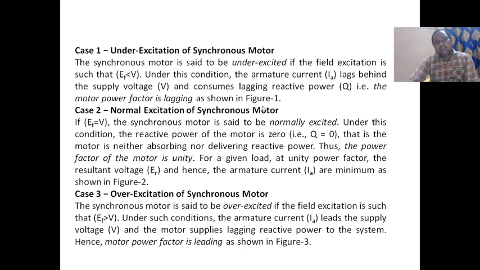So in the first case, the motor absorbs reactive power. Second case, reactive power is equal to 0. In third case, the motor delivers reactive power. This is a very important topic. Under over excitation, the synchronous motor acts as a synchronous condenser.